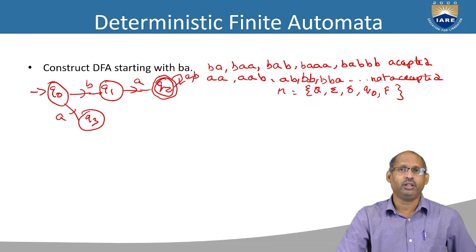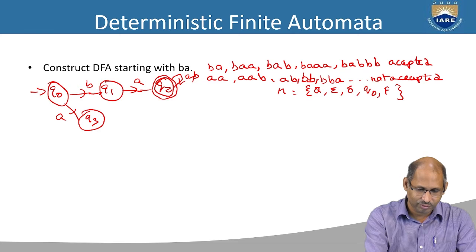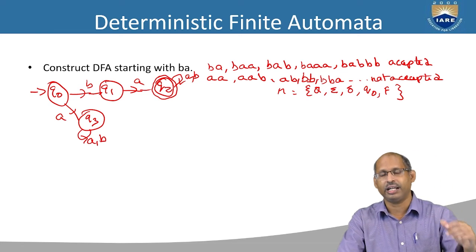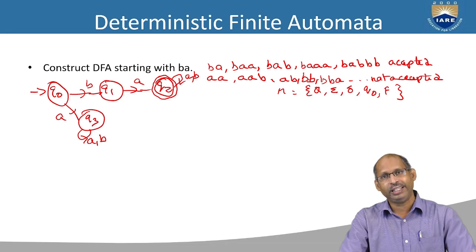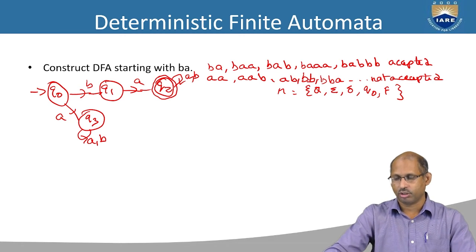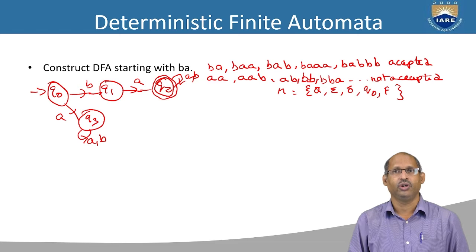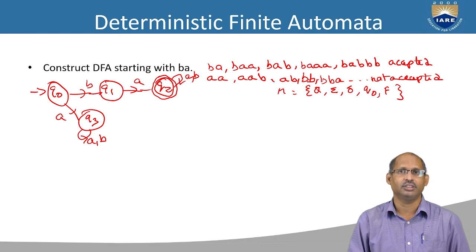So Q0 on A goes to Q3, a non-final state. After that, A is also not acceptable, B is also not acceptable. Q3 on A is also not acceptable, on B is also not acceptable.